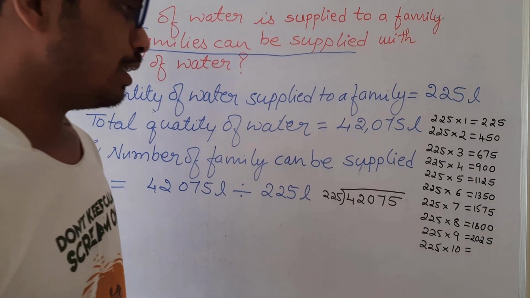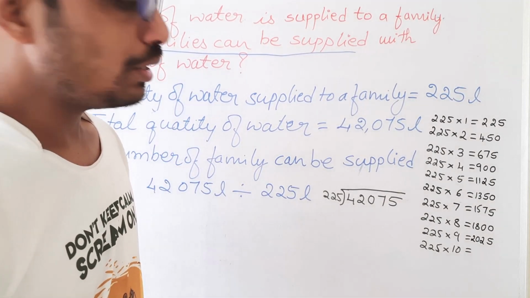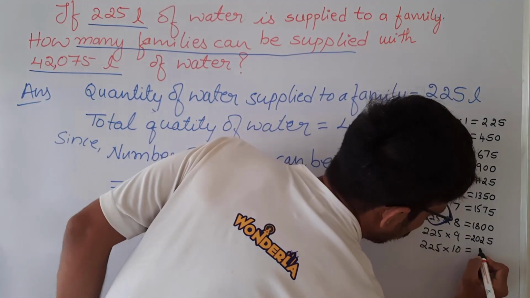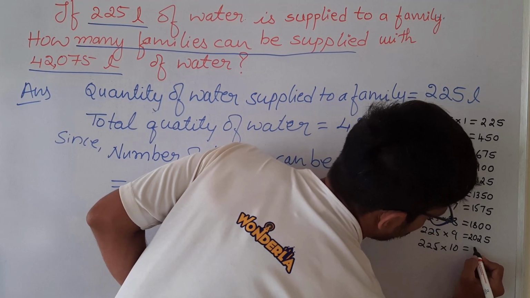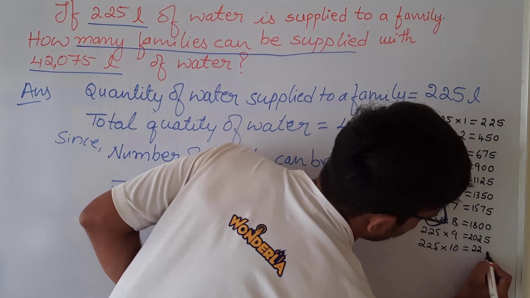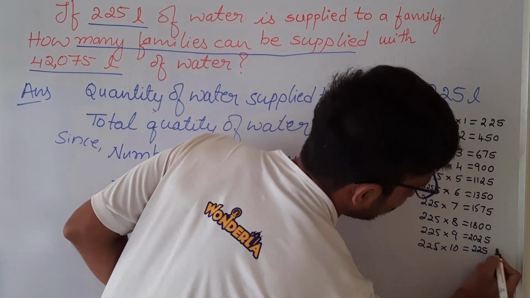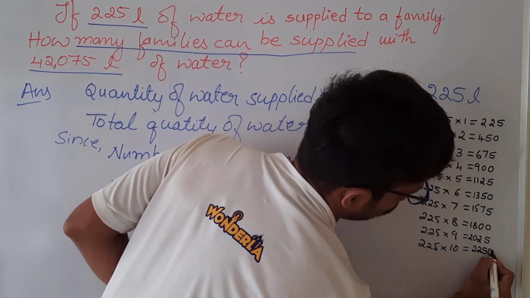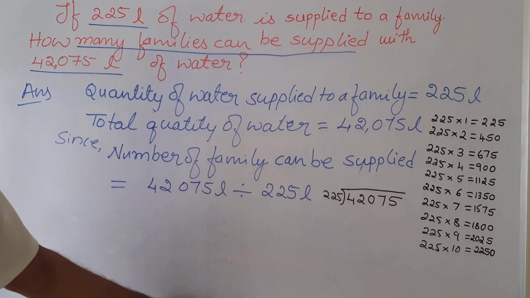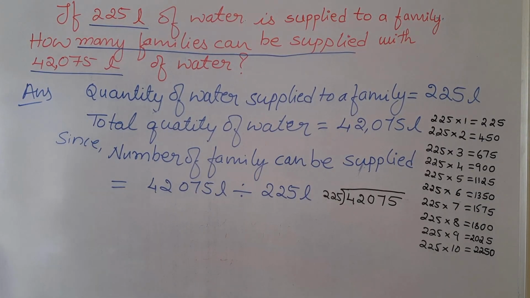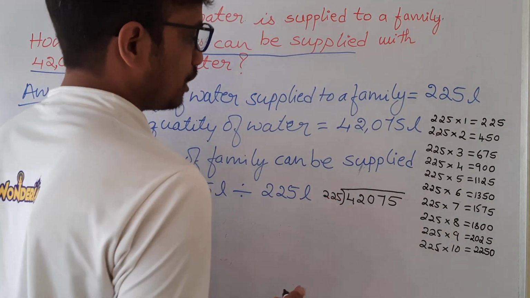We got the answer as 2025. And last, whenever we multiply with tens, we write the same number: 1 into 225, 225, and we add this 0 on the right side. We got the answer as 2250. Here we got the tables. Now I will start dividing.